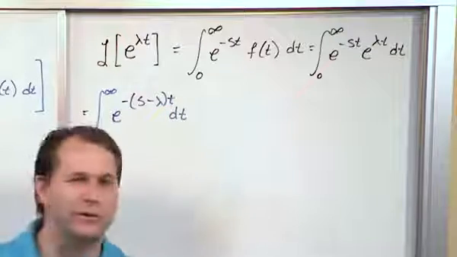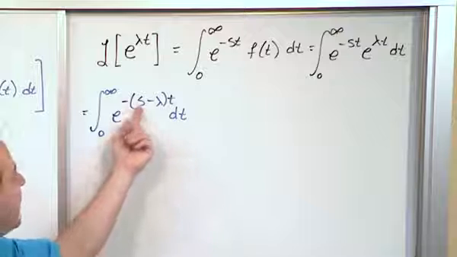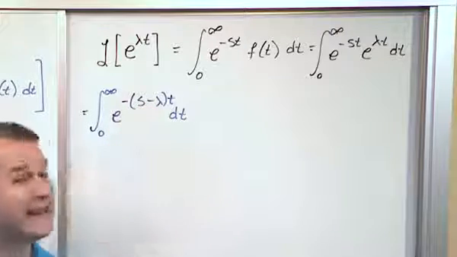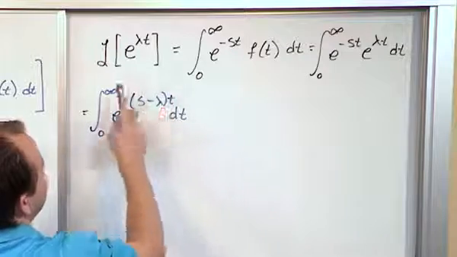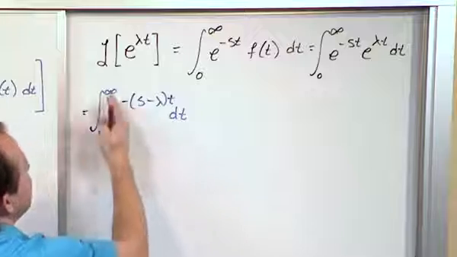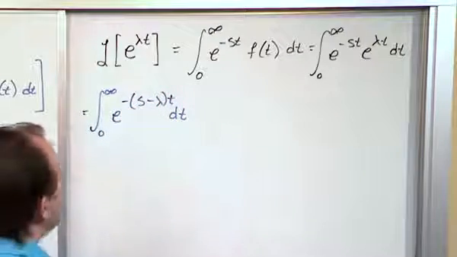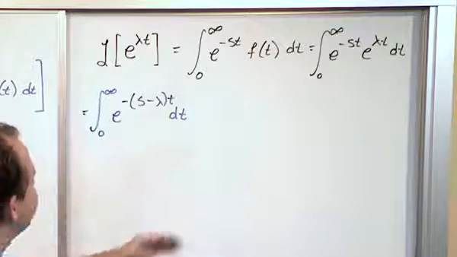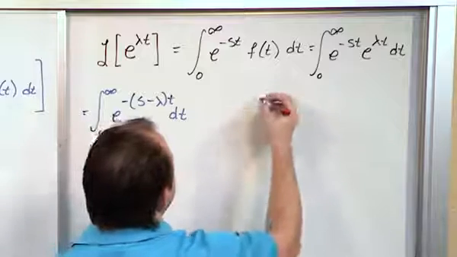Every other letter or symbol in there, you pretend is a constant. So for the purposes of this integral, you pretend that s is a constant and lambda is also a constant, which means that everything in front of the t is really just a constant. So it's like a giant number here. So this integral looks intimidating, but really since it's all just a constant, it's not that intimidating. So many of you can look at this and write the answer to the integral down, but a lot of times we have to make a substitution to make it absolutely clear.